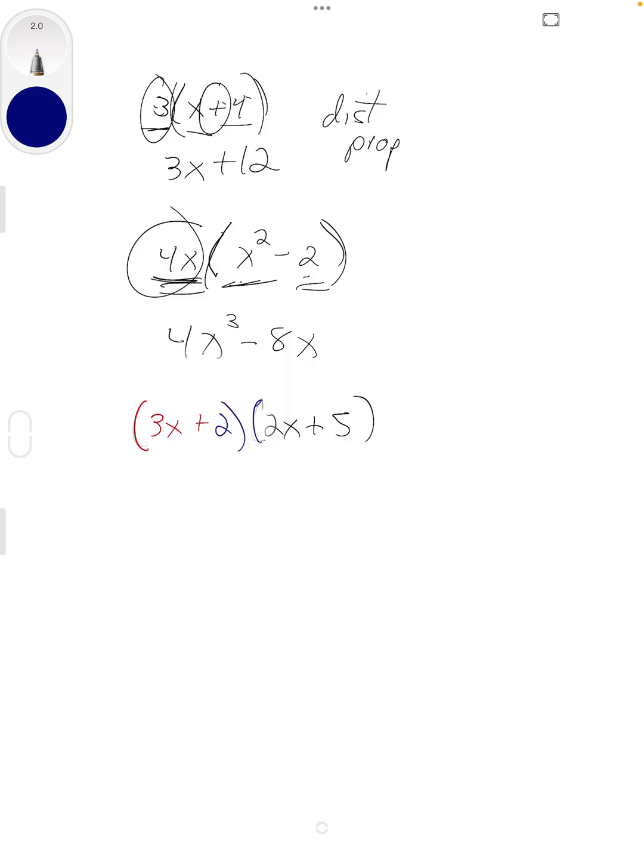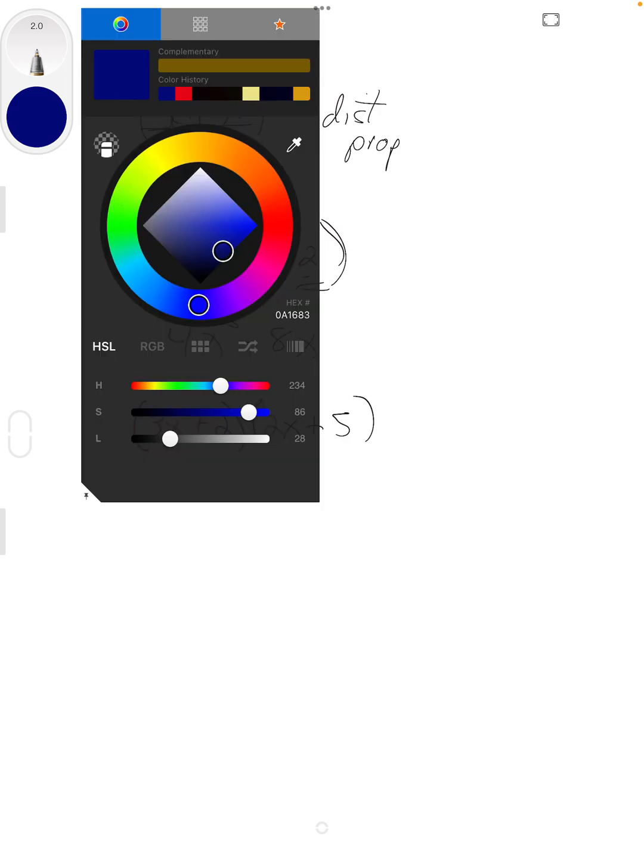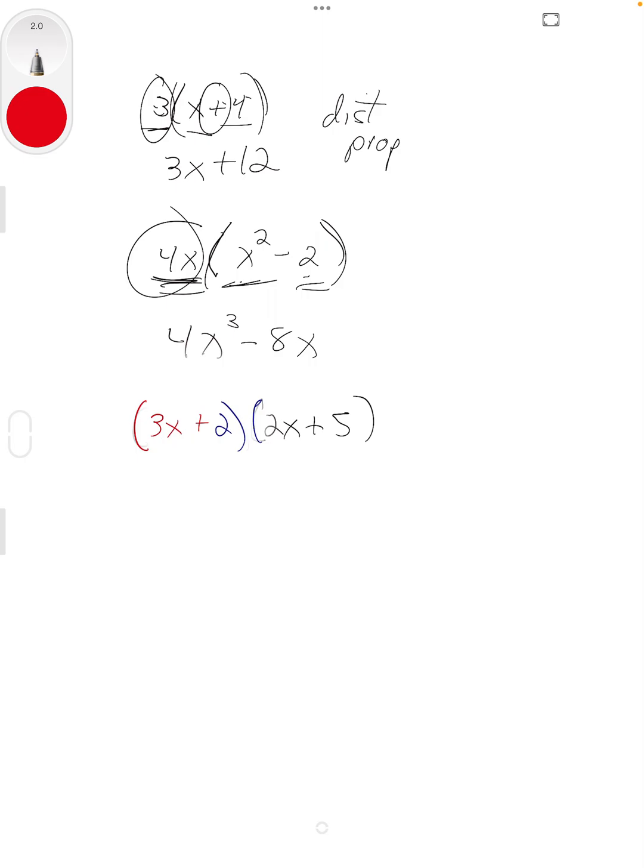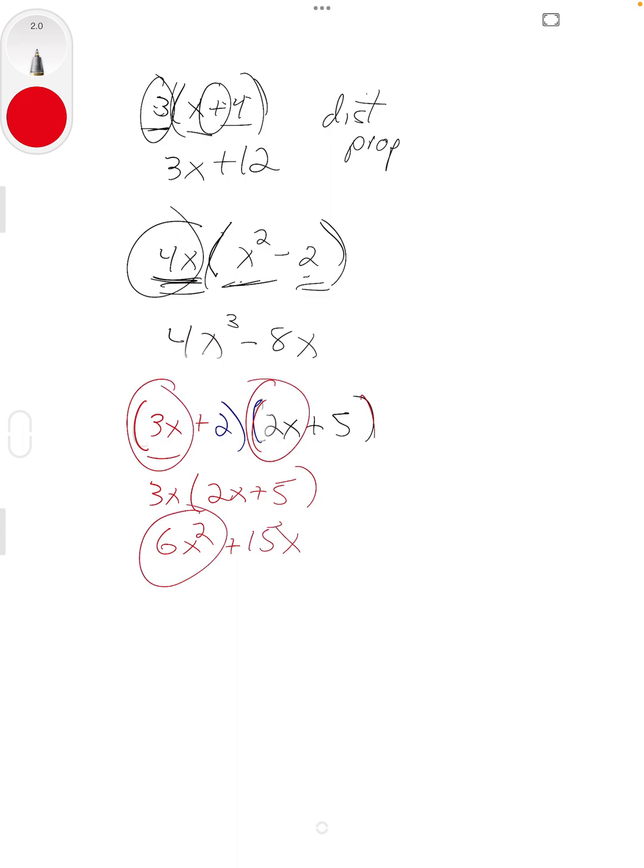So here, what you're doing is you're saying 3x times 2x plus 5, which is 6x squared plus 15x. So this times this, 6x squared, and then this times this, 15x.